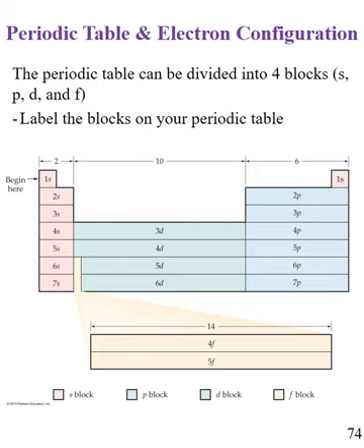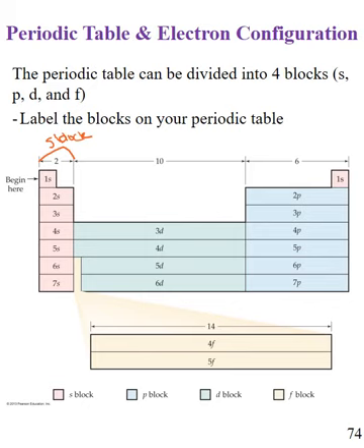You need to label these blocks on your own periodic table. So what I want you to do is write the S block. The S block is going to be groups 1 and 2. So you can say S block or S orbital. Either of those is fine.